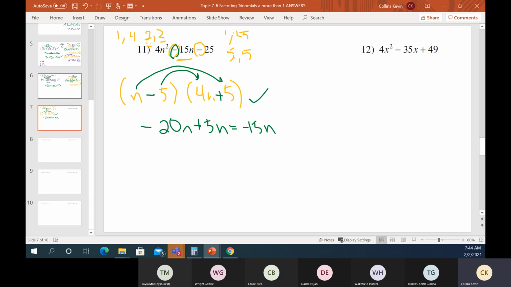All right, so the next one is kind of similar. So notice here again, we've got an odd number for the middle guy, right? So should we use the 1 and the 4 or the 2 and the 2? This is a lot like the last problem.